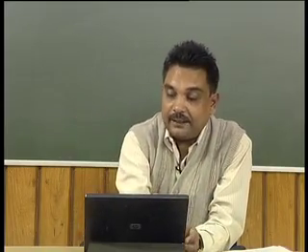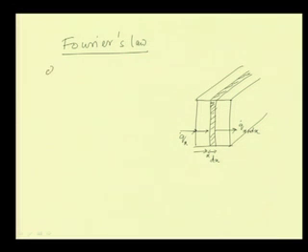So, I will write that Q dot X per unit area is proportional to the temperature gradient del T by del X, the temperature gradient along the x direction.